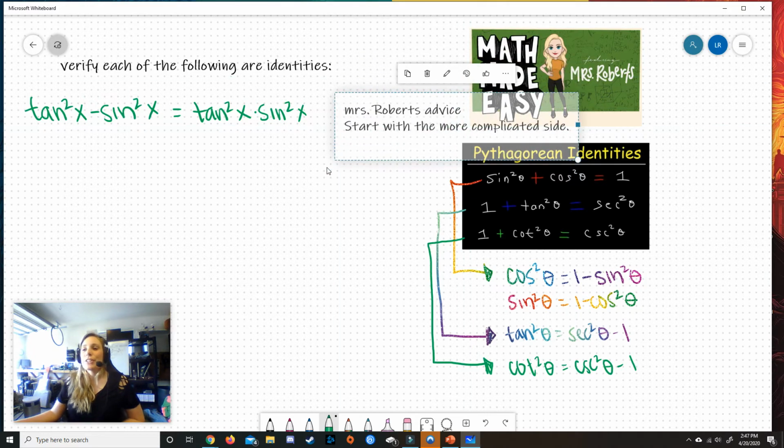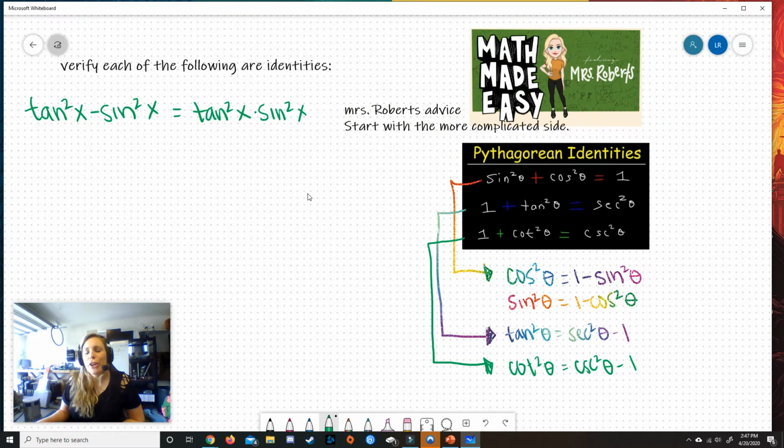So we have to determine what side is more complicated. They look almost identical. We have tangent squared of x minus sine squared of x, and we have tangent squared of x times sine squared of x. Which one's more complicated? Well, tangent squared of x minus sine squared of x is technically two terms.